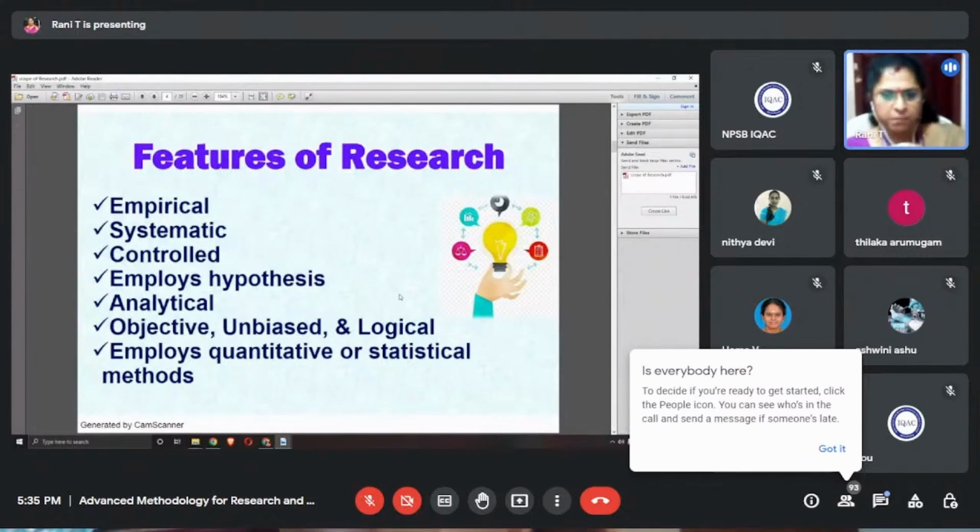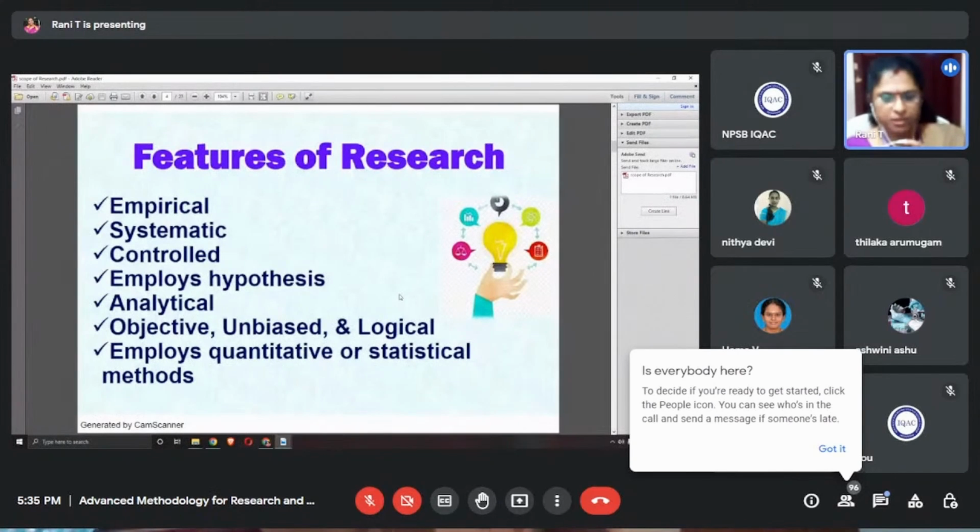Quantitative means in numbers. We represent everything in numbers so that we can apply statistical methods. What is qualitative? Qualitative is just describing what happened and why, for example during the pre-history period, or something which we just describe.